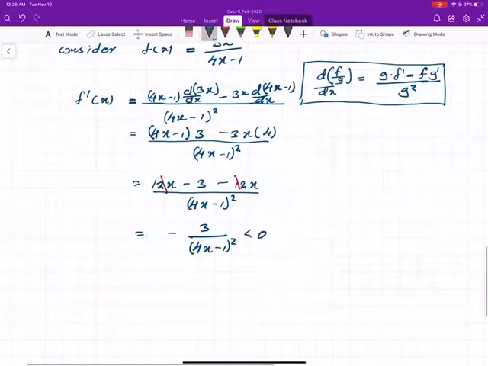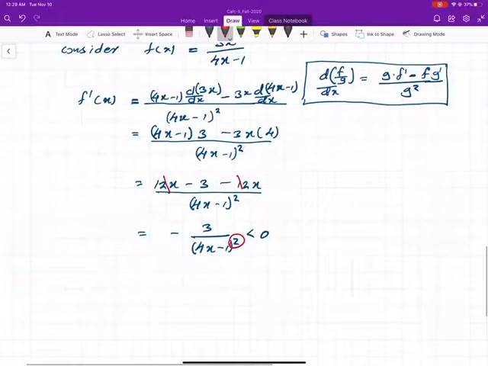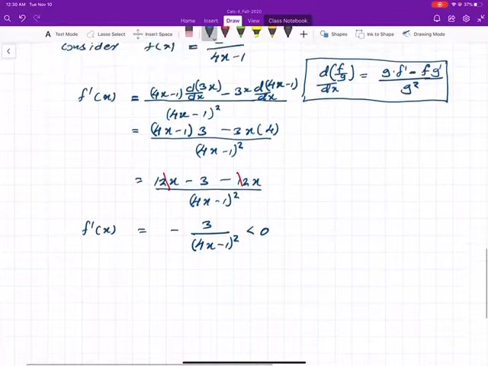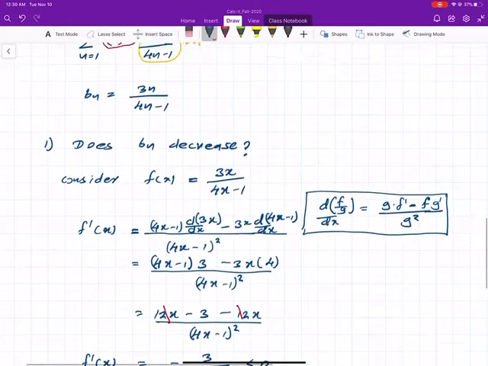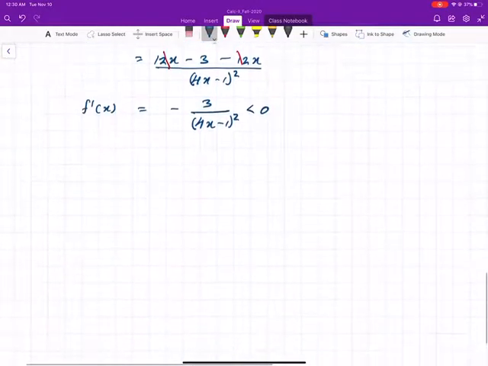You can see this is negative, alright, because it has a negative sign in front, and the denominator is a square, so it is never negative. Because of that reason, f prime x is negative. That means the conclusion is Bn decreases, because the derivative was negative.